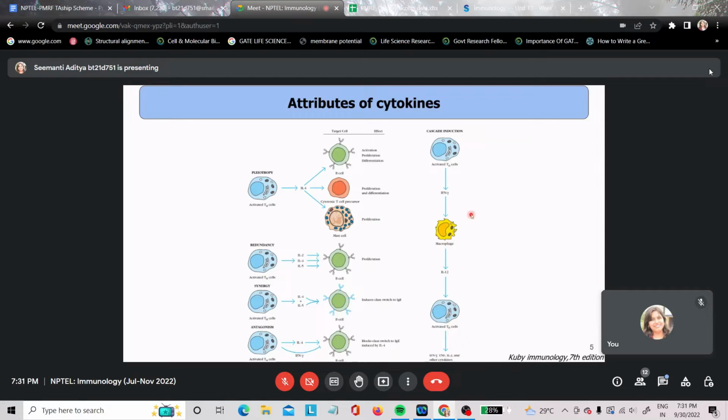So there is a cascade induction where one particular cell is producing one kind of cytokine, this cytokine is stimulating another kind of cell to produce another kind of cytokine, and that cytokine again acts upon a different set of cells to produce the cytokines which will ultimately act on the target cell and carry out the function.